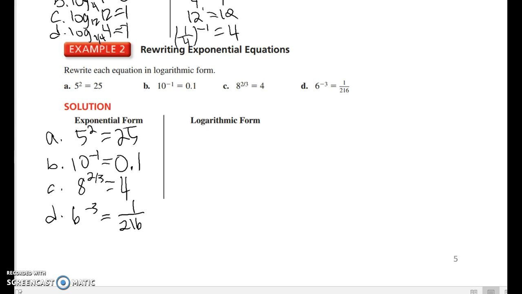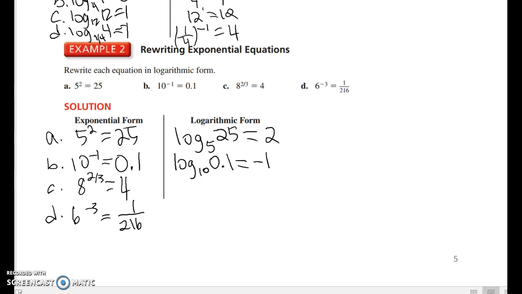So if I rewrite these in log form, I'll have log base 5 of 25 equals 2. Make sure your exponent is always your answer with the log. So this next one is log base 10 of 0.1 equals negative 1.